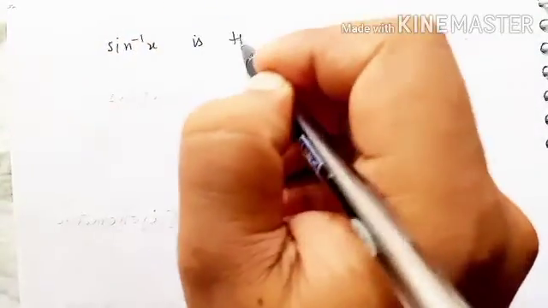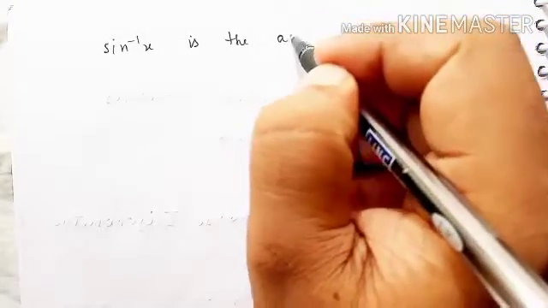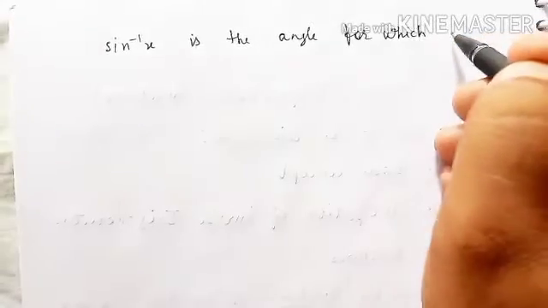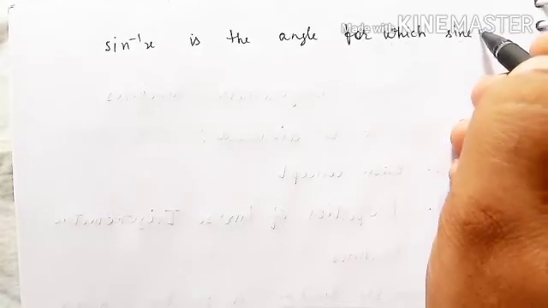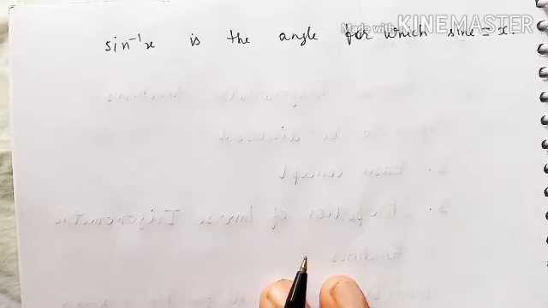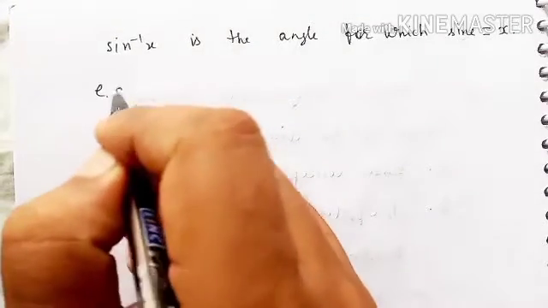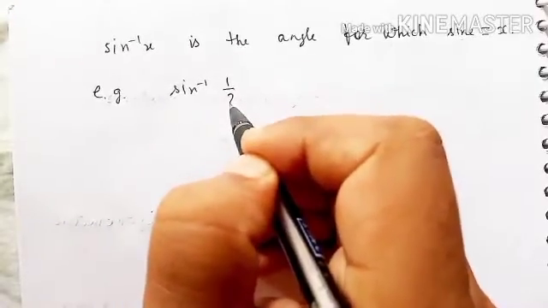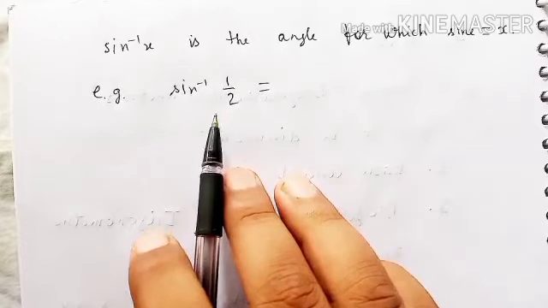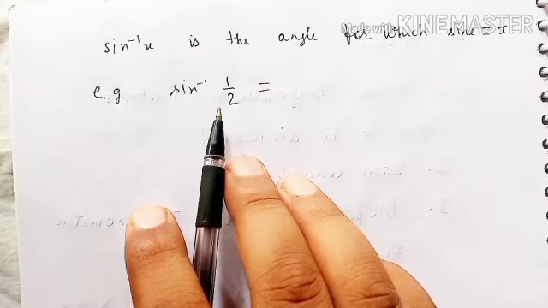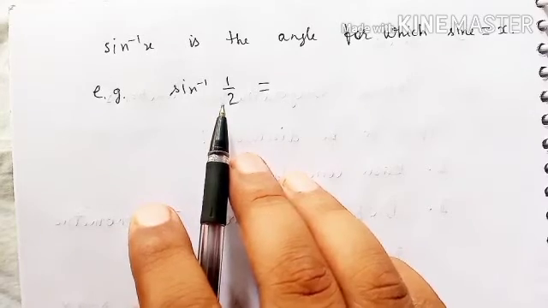Sin inverse x is the angle for which sine is equal to x. For example, sine inverse 1 by 2. We have to think of an angle for which sine is 1 by 2, that is 30 degrees.